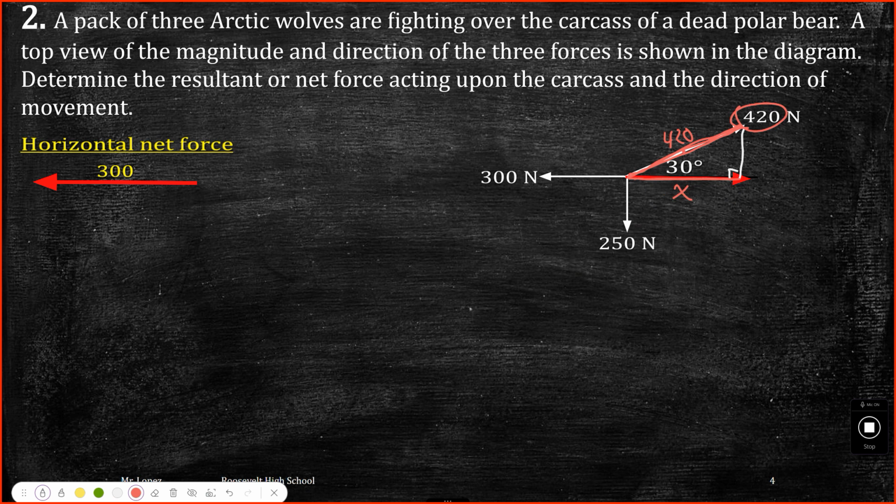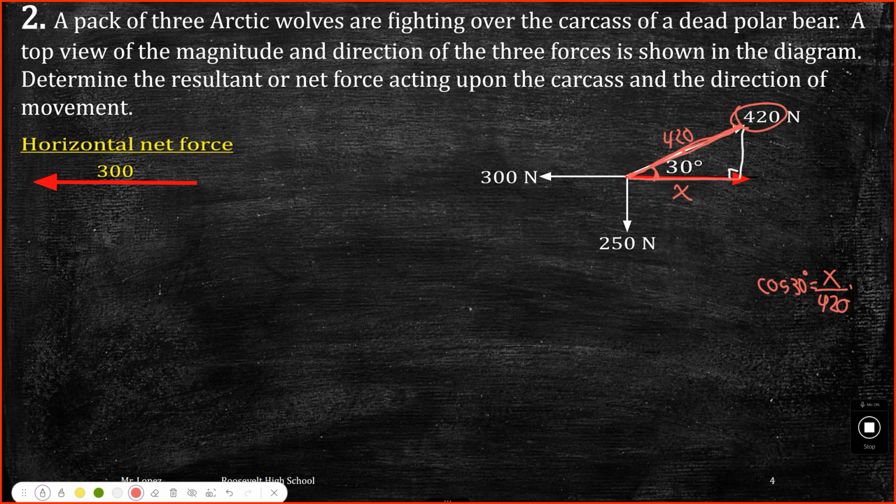I already put it down, but I'll do it on the side. Cosine of 30 degrees is equal to x over 420, no? And so how do we get the x by itself?